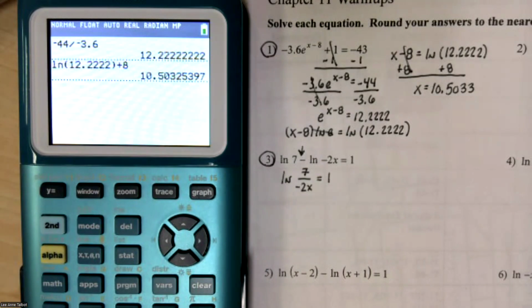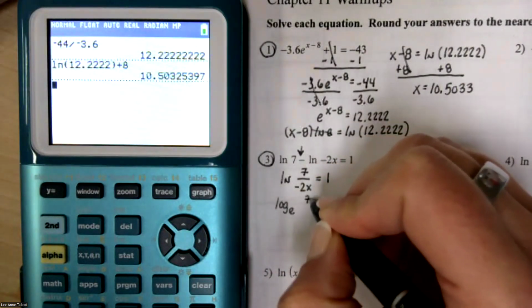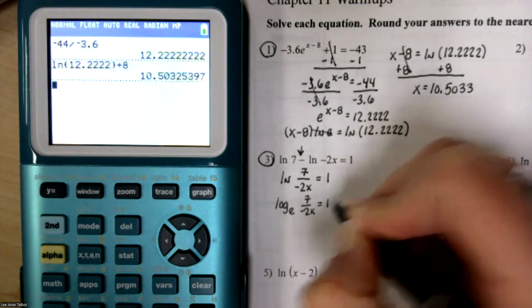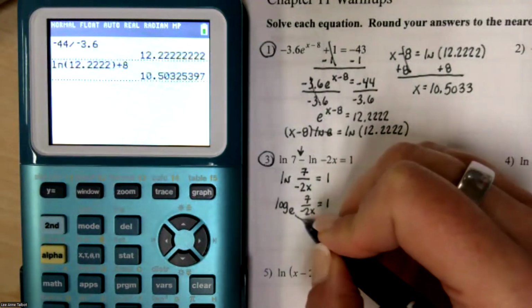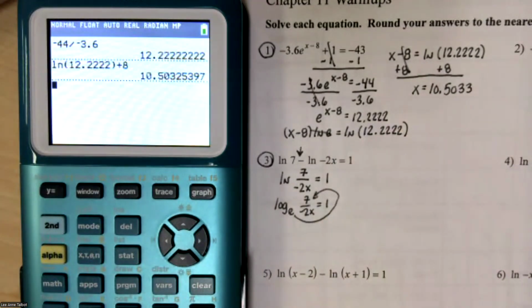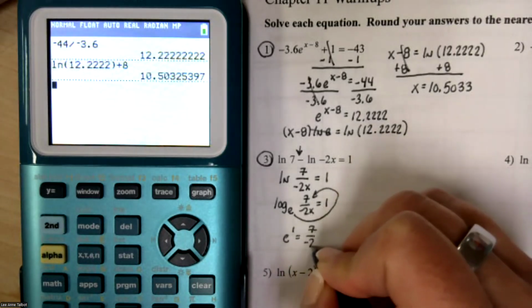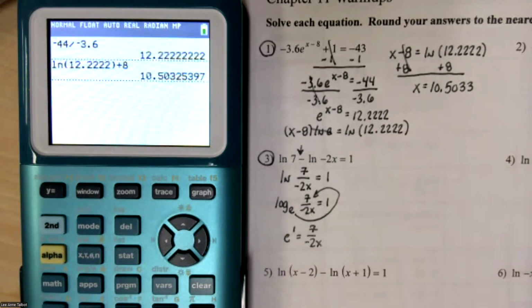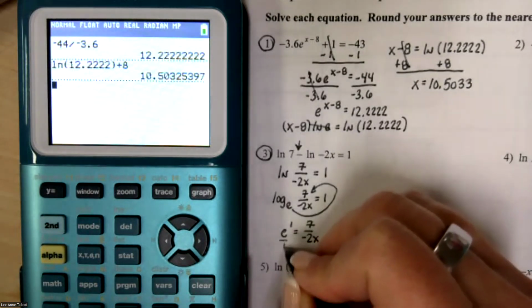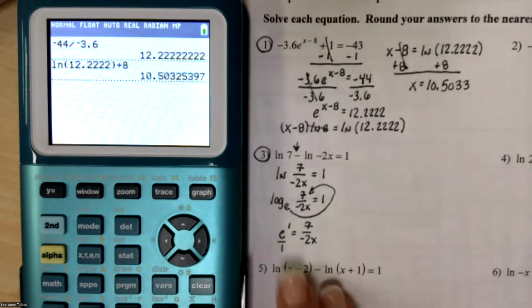Step 2 is going to be a guidance circle, but I'm going to convert this to log base e, so that I have a base to start my exponential. I'm going to put the e over 1 and cross multiply.